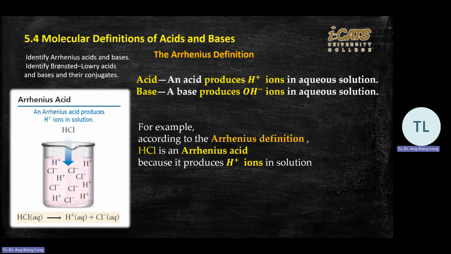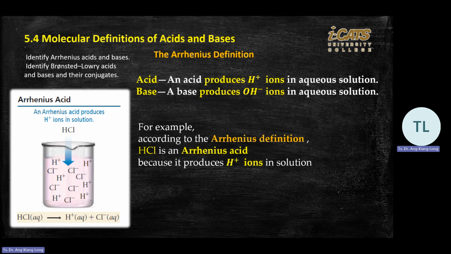Okay. So this will be the first equation you see today. HCl aqueous, you need to start with the state of that item. For example, in test 1 or before, chapters 1, 2, 3, I don't deduct marks.